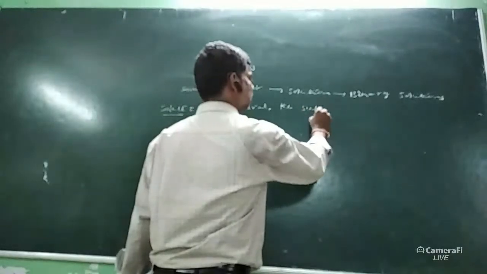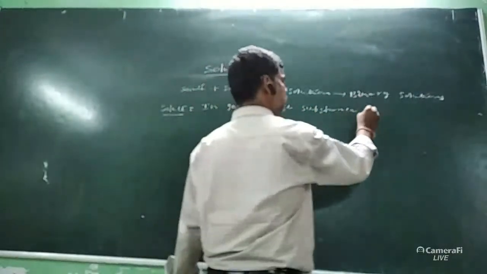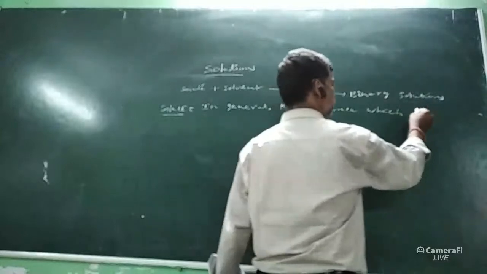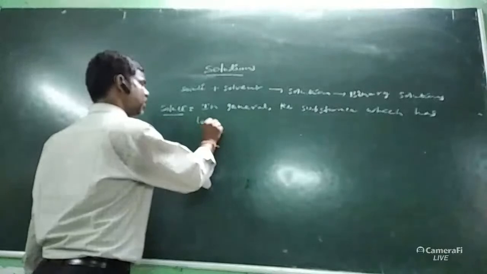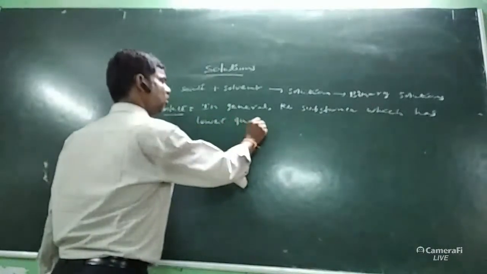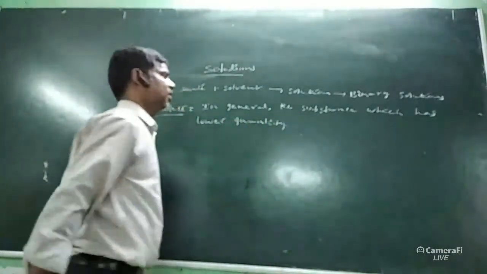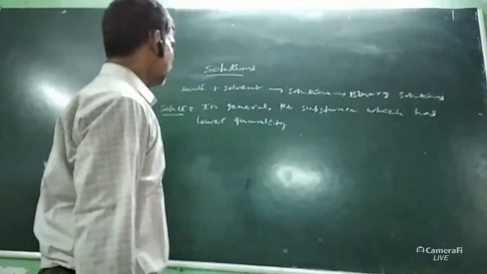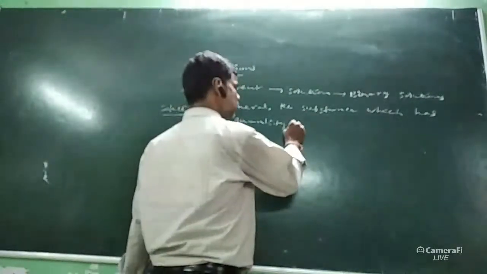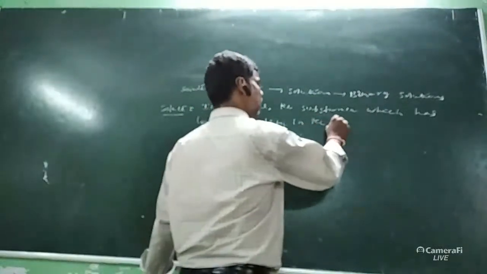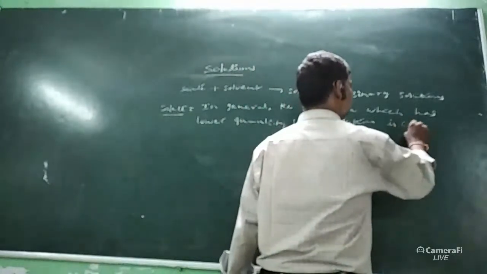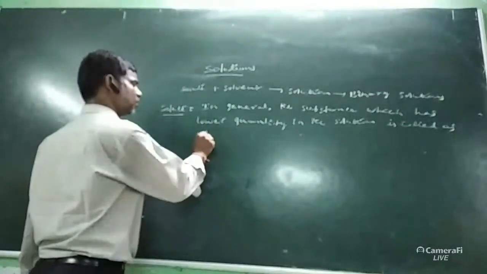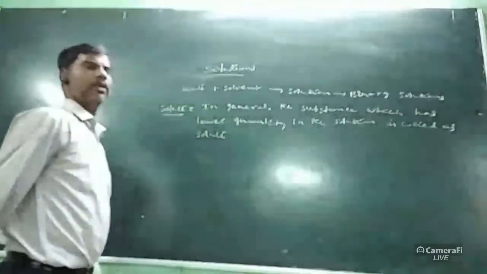The substance which has lower quantity, in general, the substance which has lower quantity in the solution is called solute.